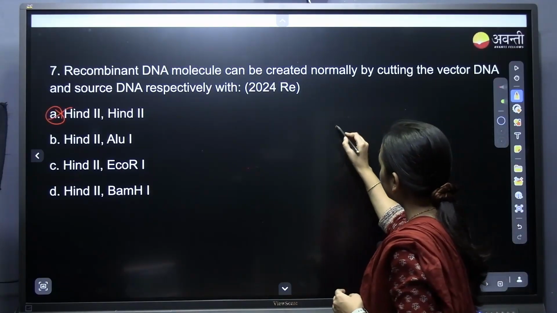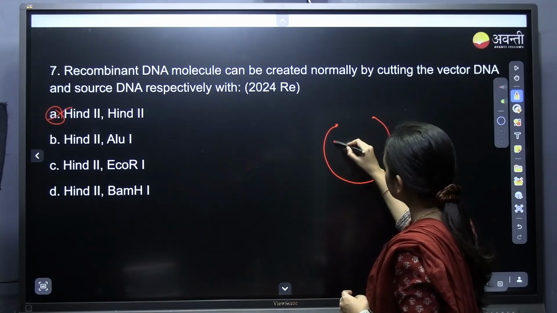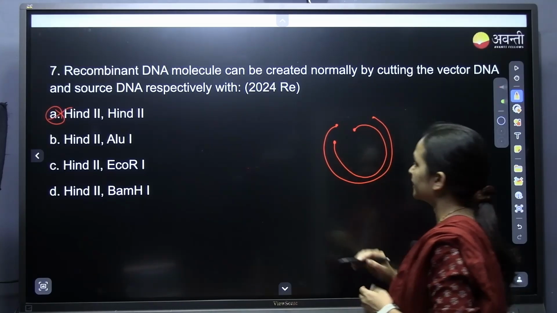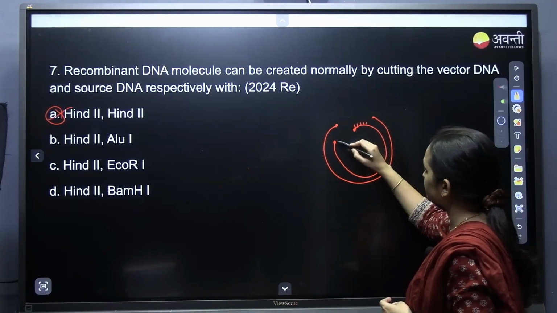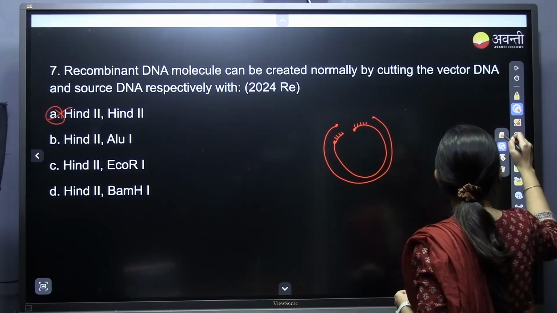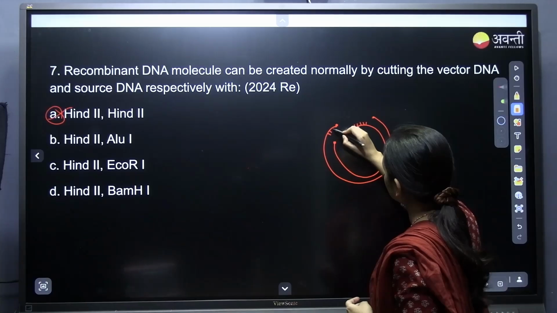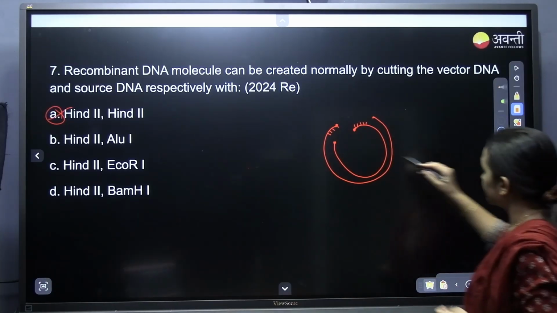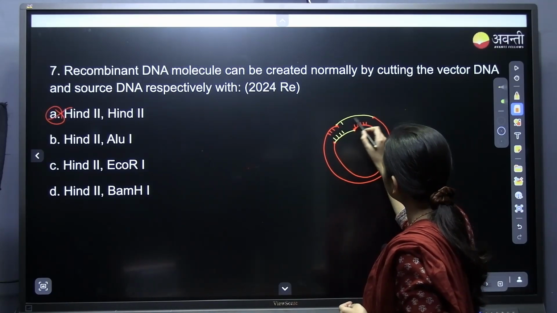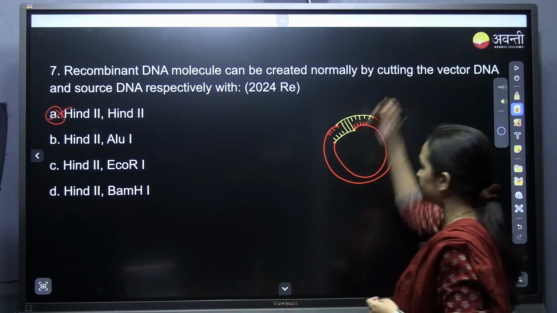For example, if this is a vector DNA and it is cut, leaving staggered ends, the source DNA should also be cut by the same restriction enzyme for it to match these staggered ends, isn't it?